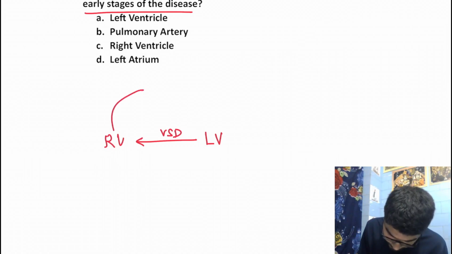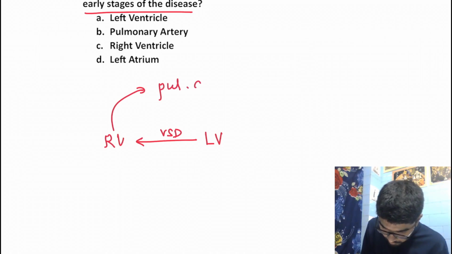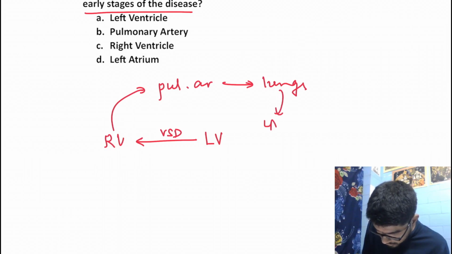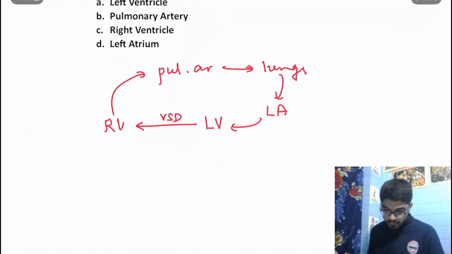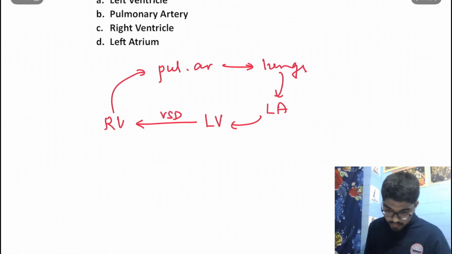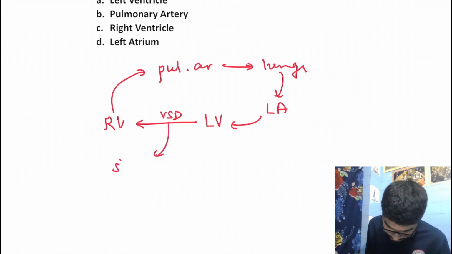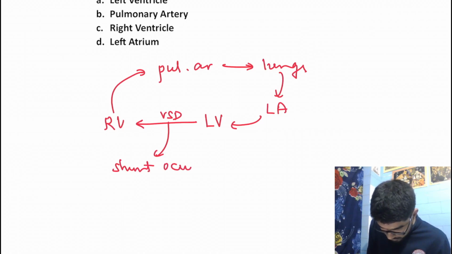From the right ventricle the blood is pumped to the pulmonary artery, from the pulmonary artery to the lungs, from the lungs to the left atrium, and from the left atrium to the left ventricle. This is what happens. Now this shunt occurs during systole.